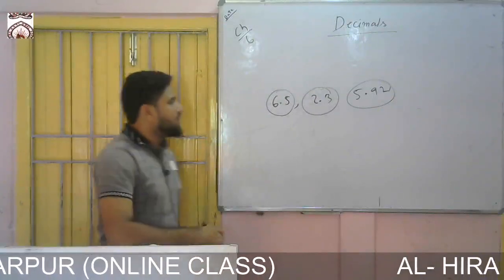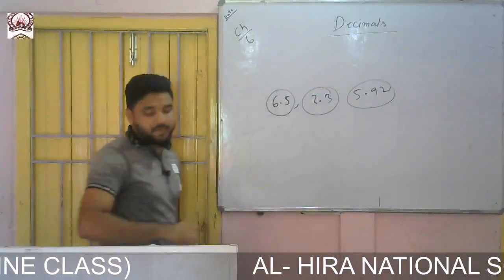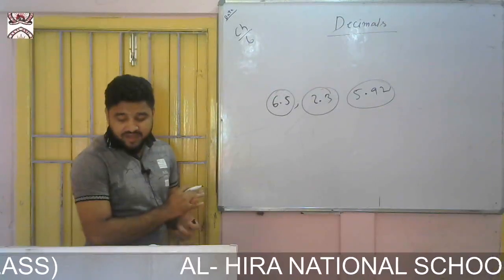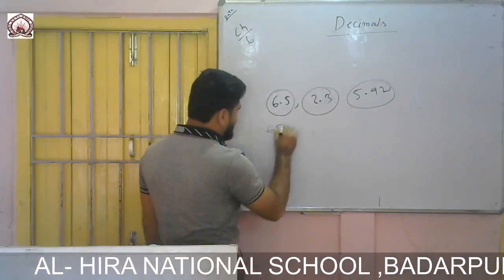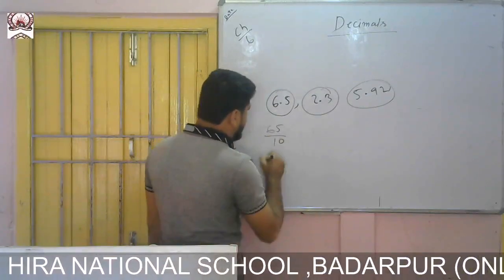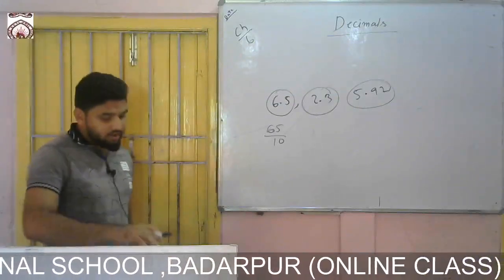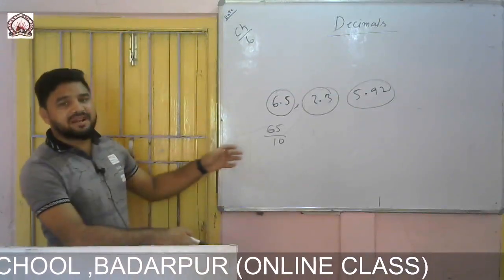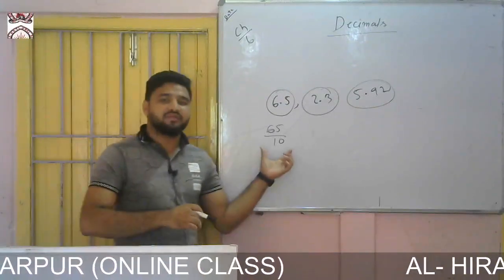Okay, so this 6.5 I can express like this, 65 by 10. I said a decimal number is a number which indirectly expresses a fraction.